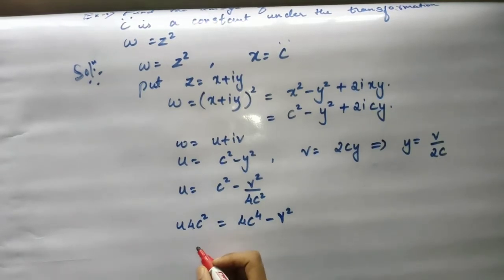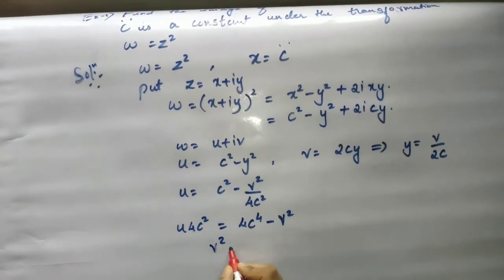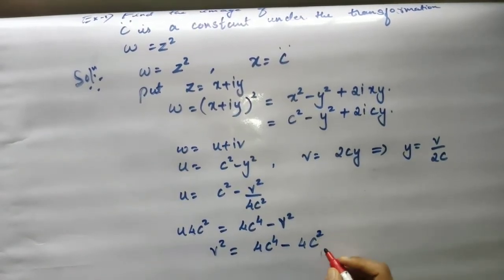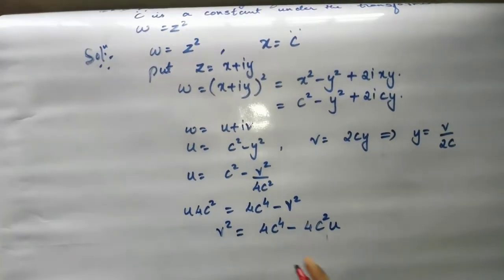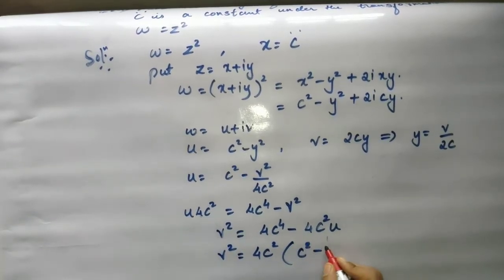Or we can write this equation as v square is equal to 4c to the power 4 minus 4c square into u. Now I can take 4c square common, so you are left with c square minus u.